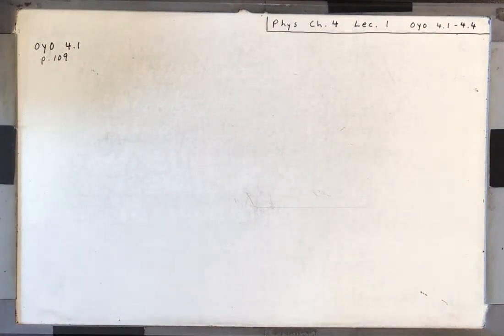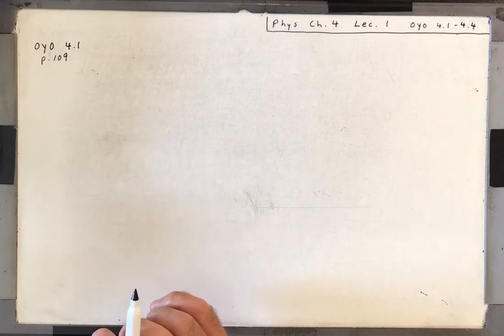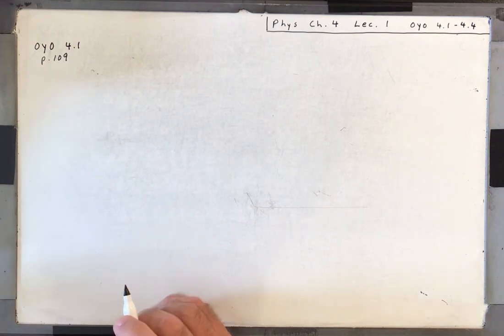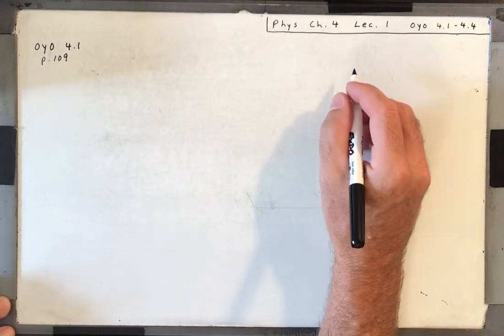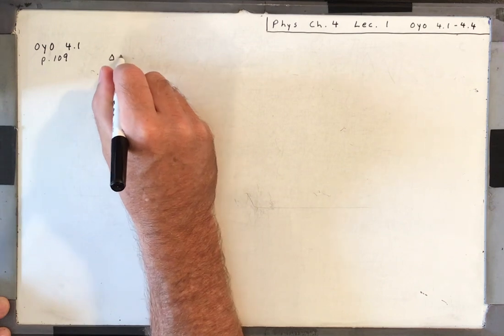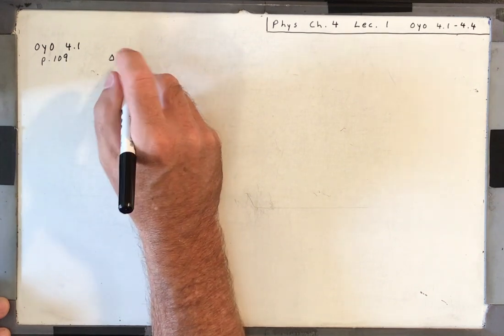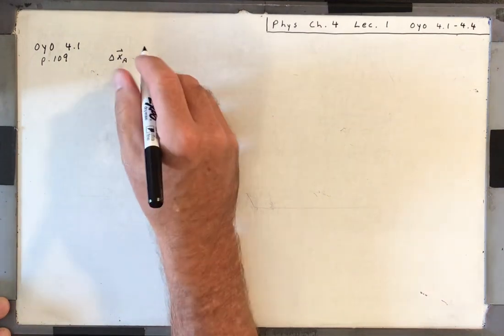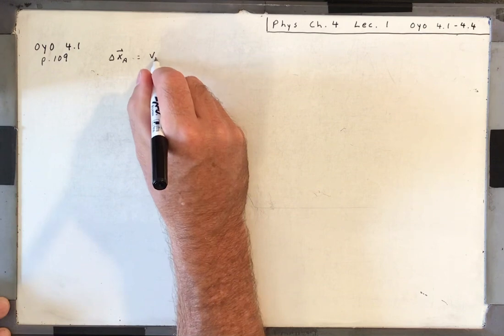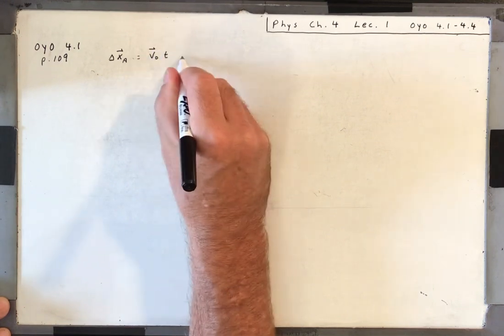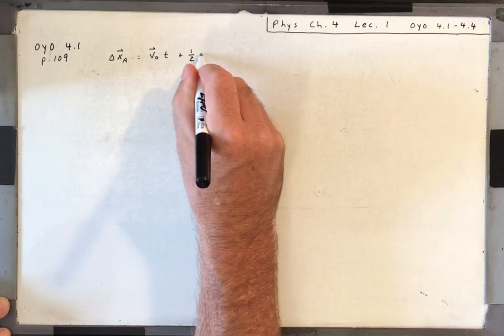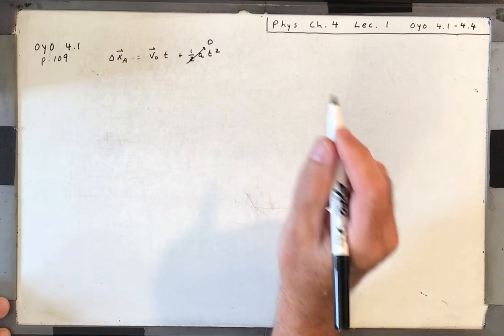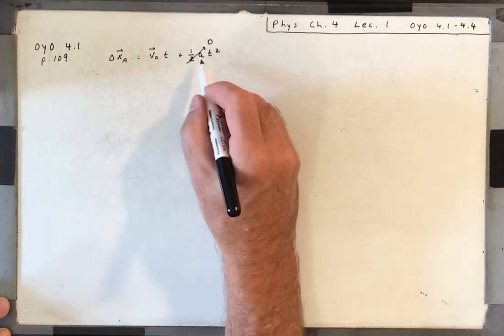All right, so the only difference here is we need to convert velocity to displacement. The way you would do that is delta x for our first part of the journey is going to be the initial velocity times time plus 1/2 a t squared, but this whole part is just 0 because it's a constant velocity.